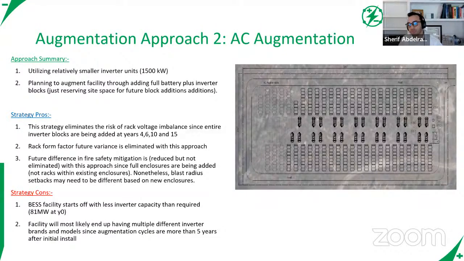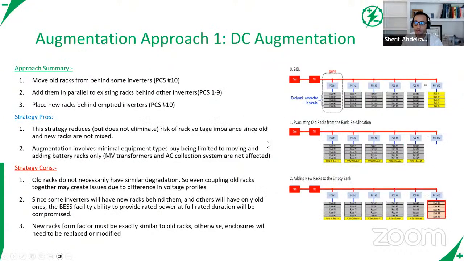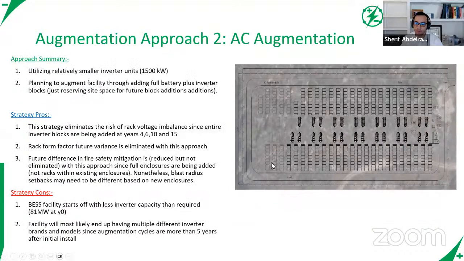Yeah, so different kinds of entities, I'll just give my perspective here. For us as Duke Energy, we recognize that as a big risk, specifically with DC augmentation. So for our projects, we're planning AC augmentations, at least right now, and we're continuously evaluating new architectures out there. One thing to take into account is how big your inverters are.